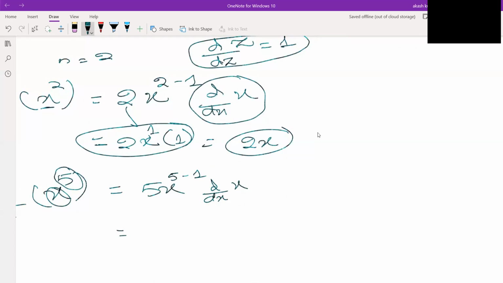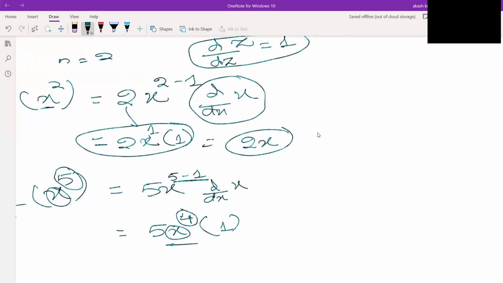There will be nothing over the x, and then we can put a bracket to 1. Yes, on this x. It will be 4, right? Because 5 minus 1 is 4.